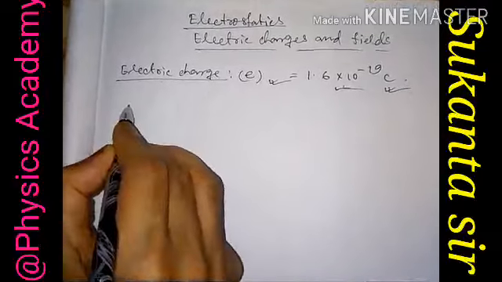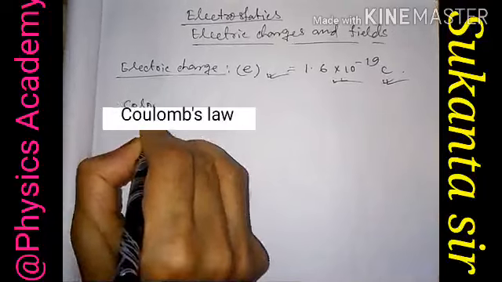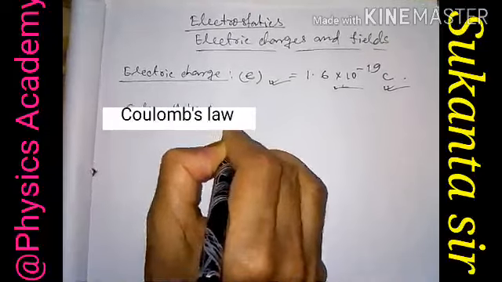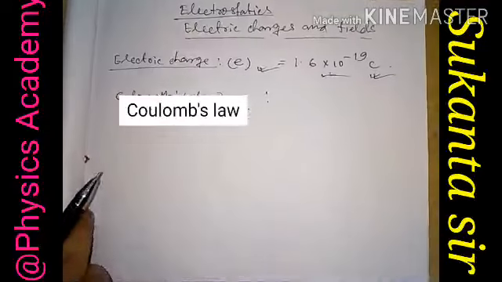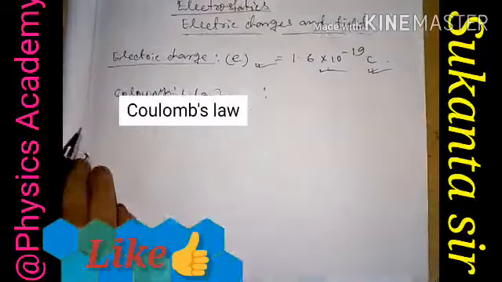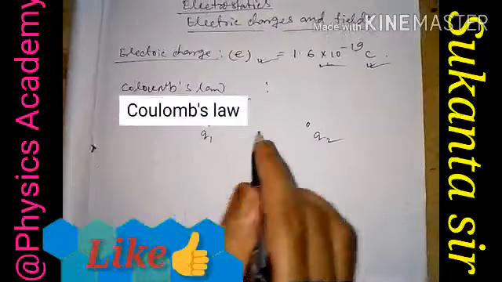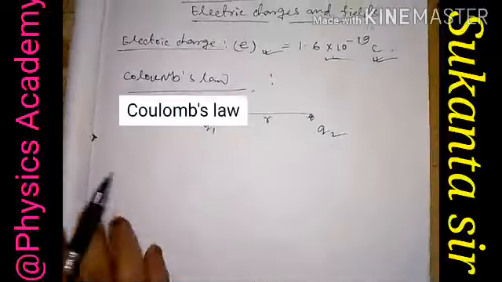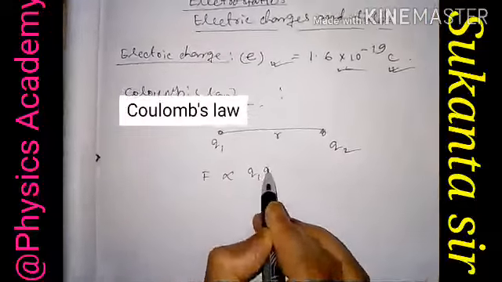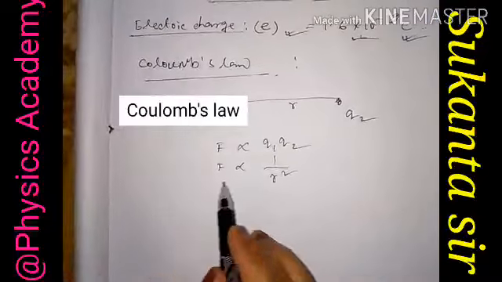To discuss it, by Coulomb's law, suppose here are two charges Q1 and Q2, and the separation between them is R. Then the force acting between these two charges is directly proportional to the product of the two charges and inversely proportional to the square of the distance between them.